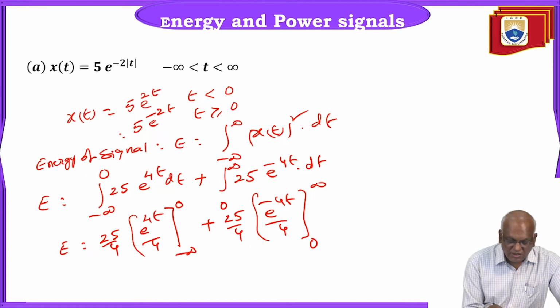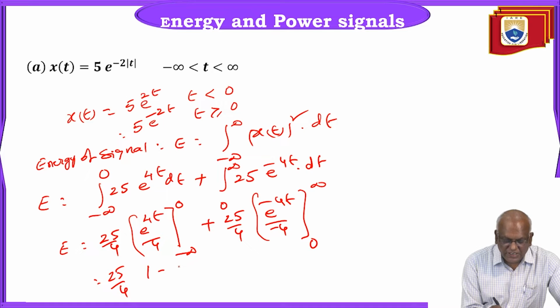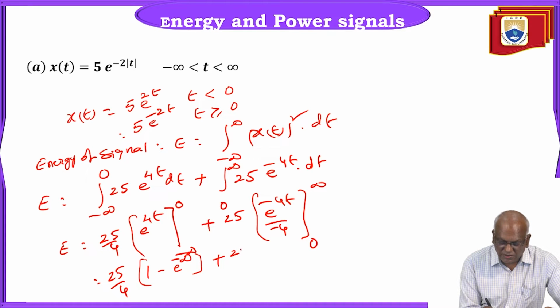Upper limit: 25 by 4 times e power 0, which equals 1, minus e power minus infinity, which equals 0. Similarly here also 25 by 4, because minus is there, we write the lower limit first: e power 0 equal to 1 minus e power minus infinity.